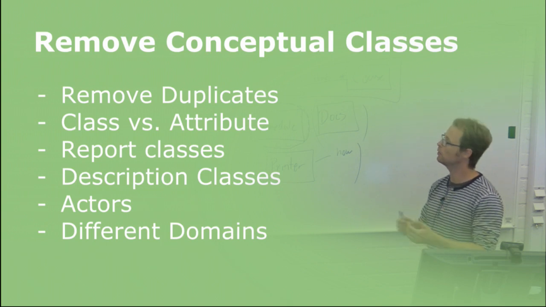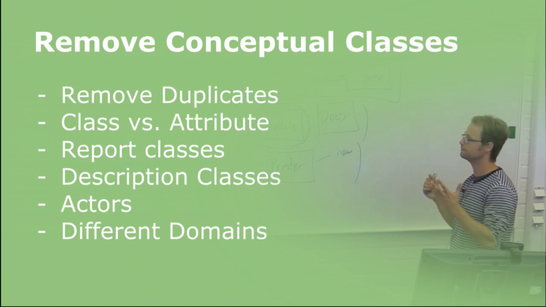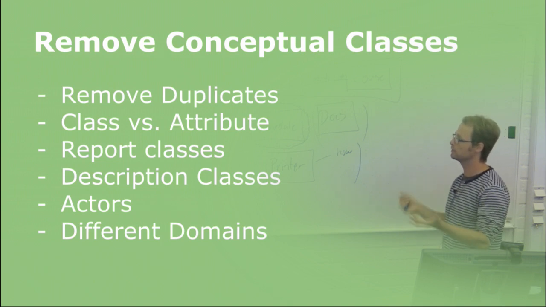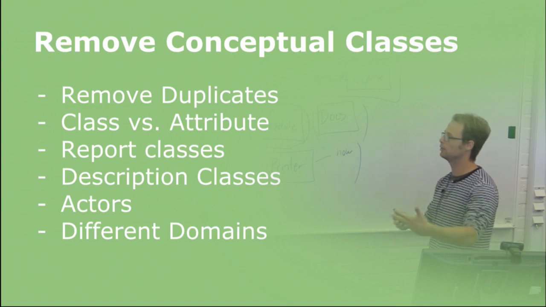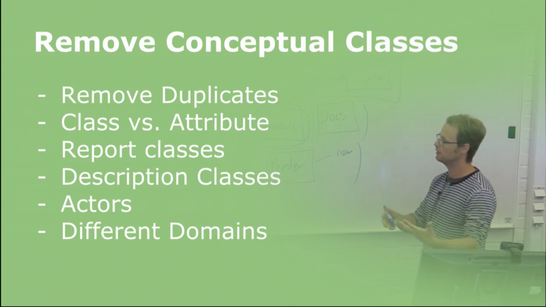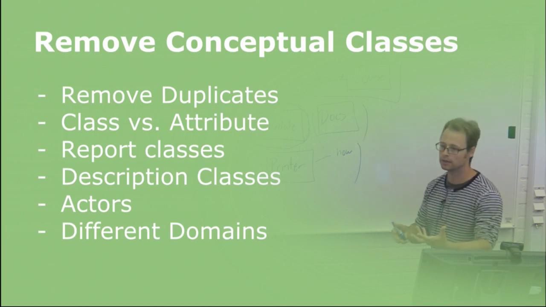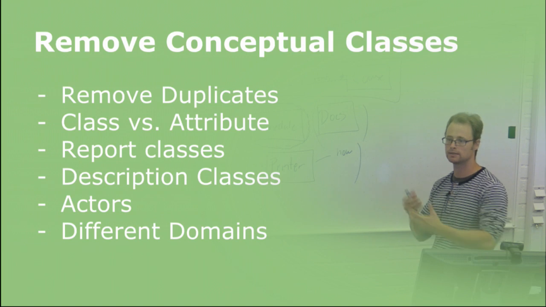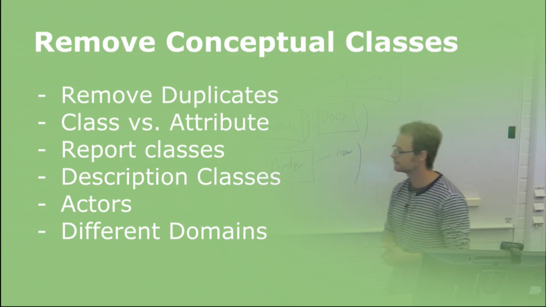So this is something also to think about when finding conceptual classes. Are these attributes a description of something? Do we have some unique information per object that we need to separate from these common attributes? Then we can do it with a description class.